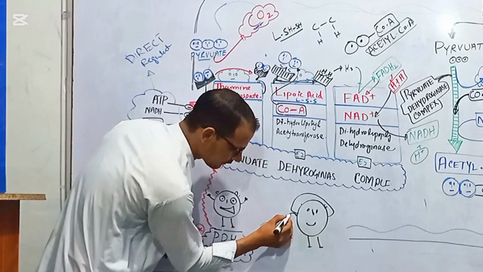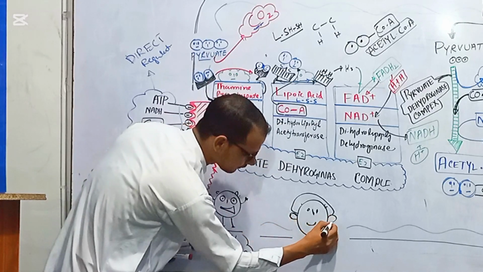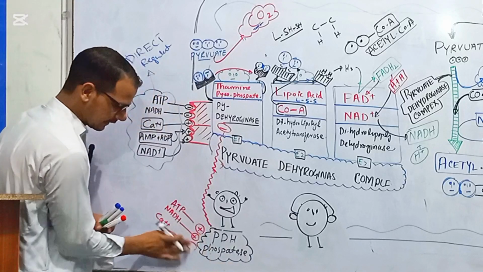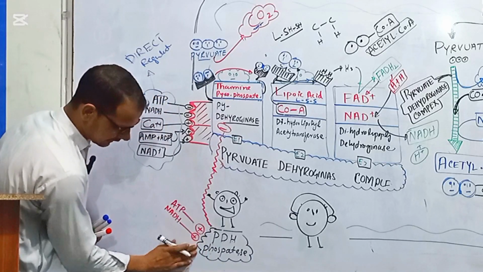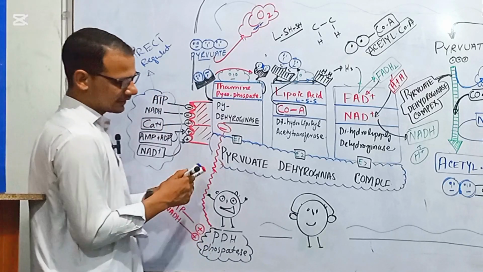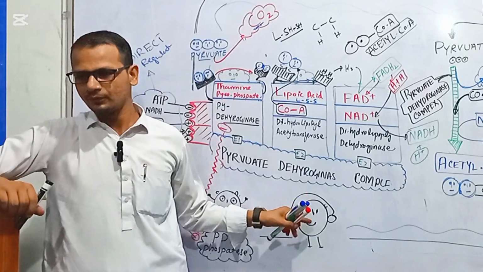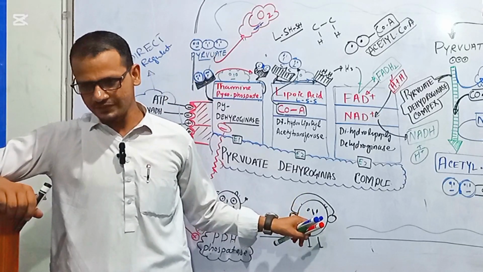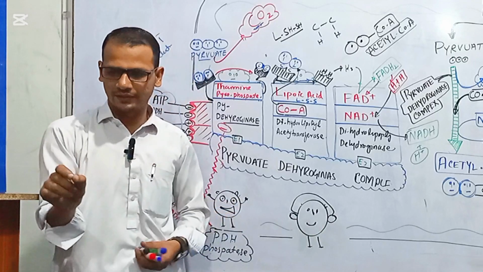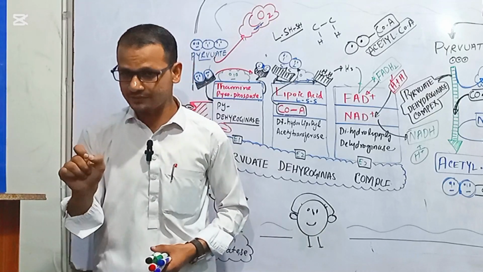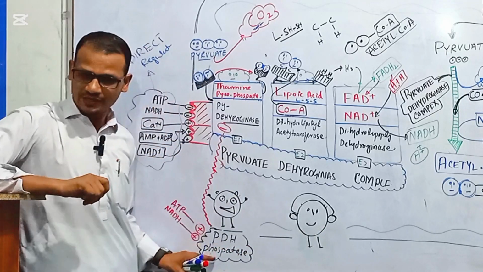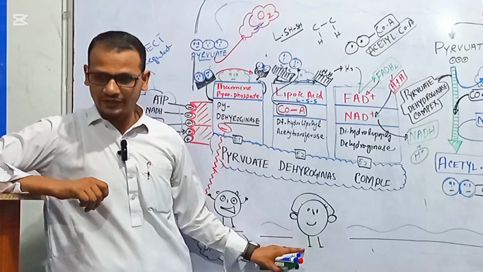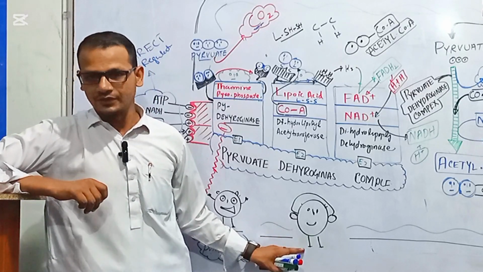And for example, I am getting this calcium and I am trying to cover this from this enzyme. The name of this enzyme is pyruvate dehydrogenase kinase. This is pyruvate dehydrogenase phosphatase, and this is pyruvate dehydrogenase kinase.